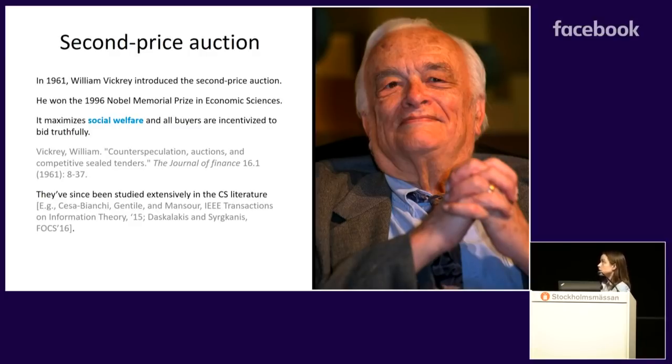And buyers are incentivized to bid truthfully. And we're going to talk a lot more about incentives in a couple of slides. Since then, many computer scientists have also studied the second price auction in the computer science economics literature. This is just a tiny subset of those papers.